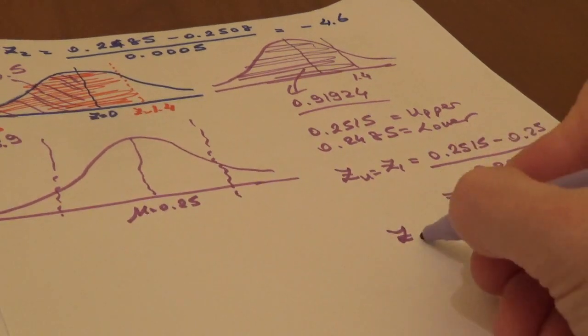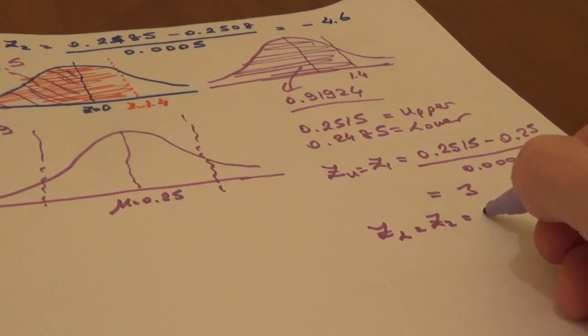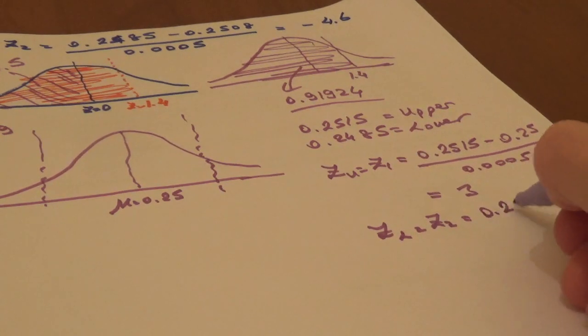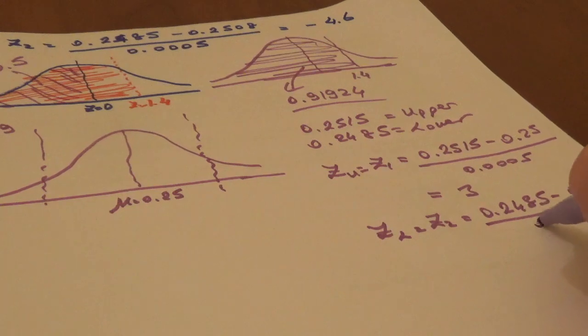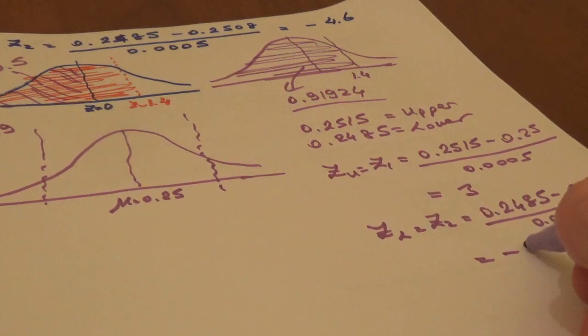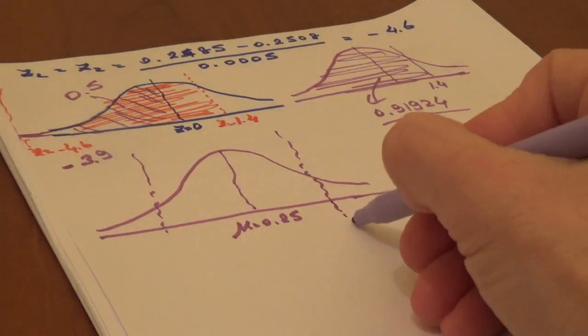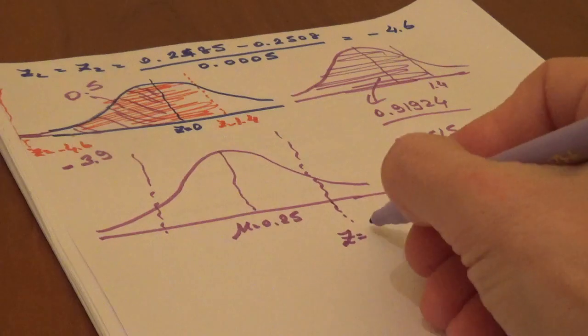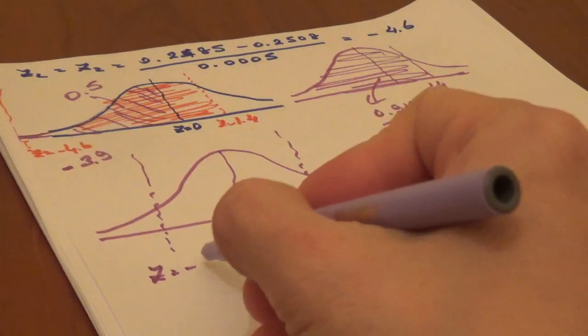Z lower, or z2, would be 0.2485 minus 0.25 all over 0.0005, and this is minus 3. So the z values for this one would be 3, and for this one it would be minus 3.